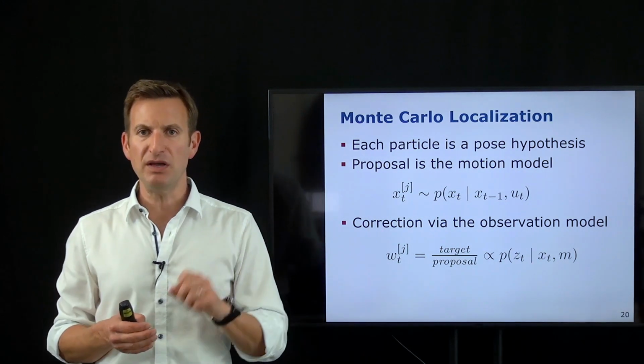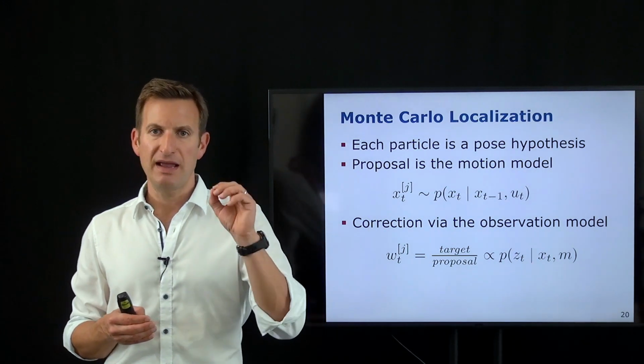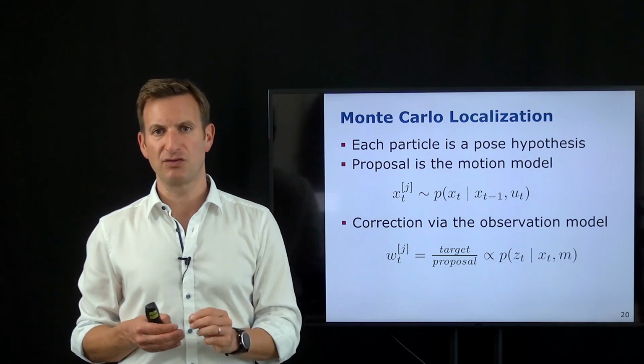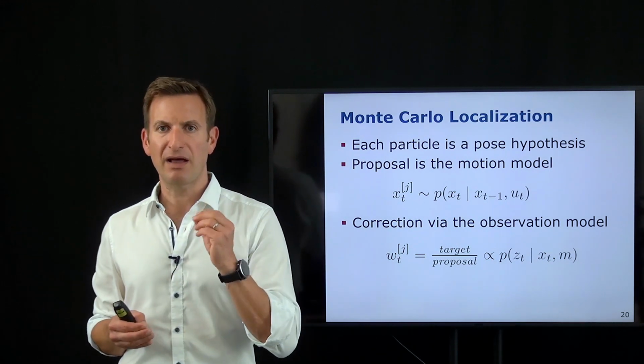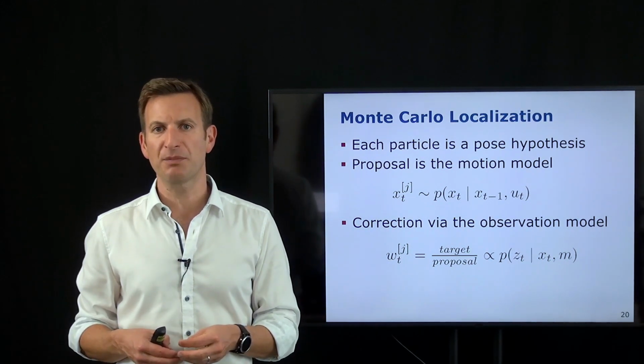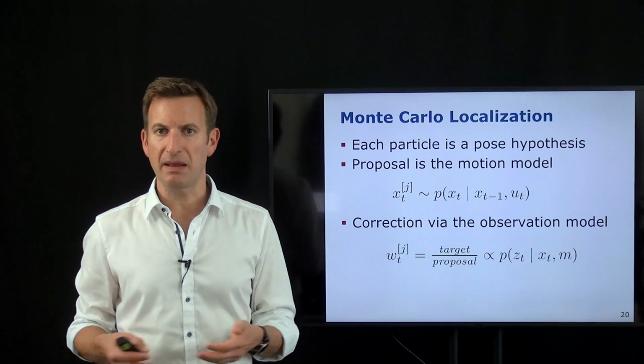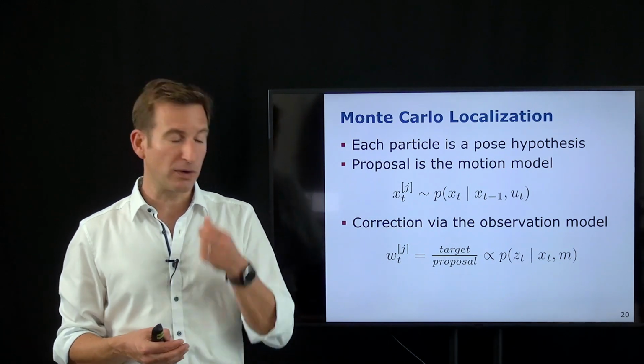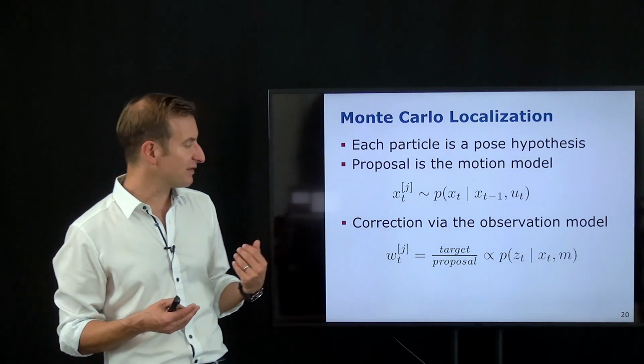And here some beauty comes into the game. A particle is a single pose hypothesis without uncertainty. So I can really evaluate my model saying, given I'm exactly here, how likely is it to obtain my observation? And if you think back, this was exactly how we computed our observation model in one of the previous lectures.